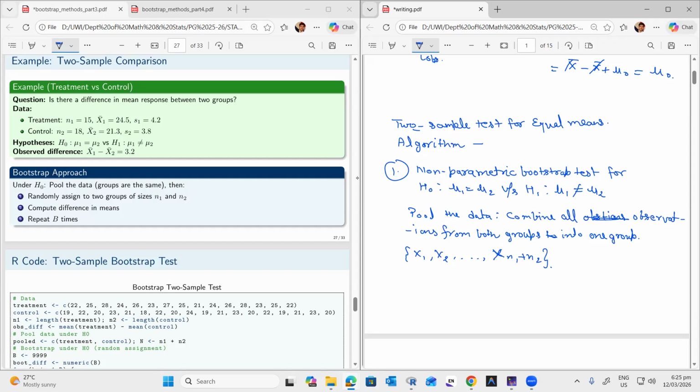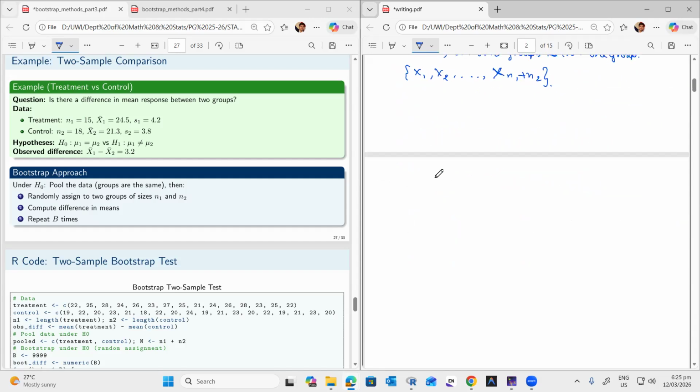And now in the second step, the loop, that is for b from 1 up to capital B times, which will be approximately 10,000 times.